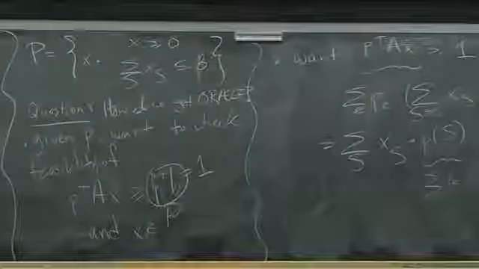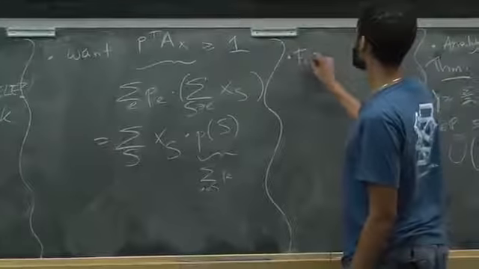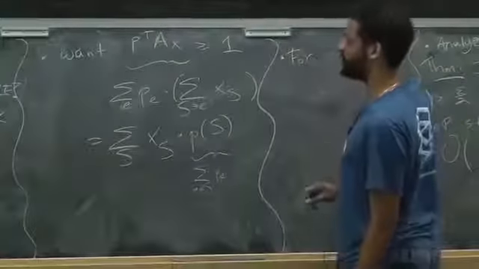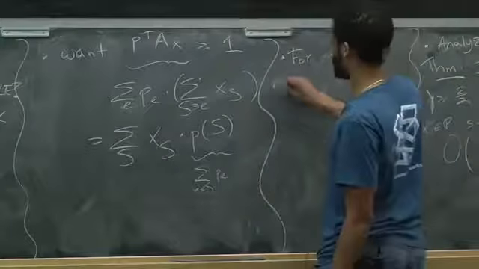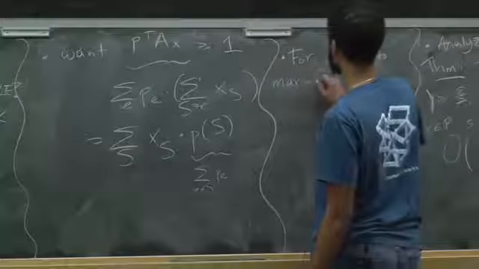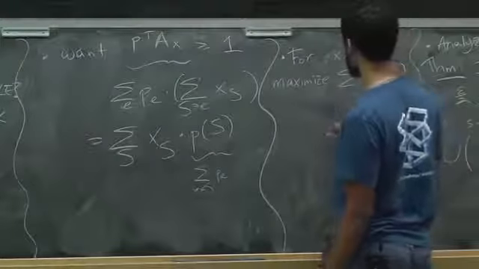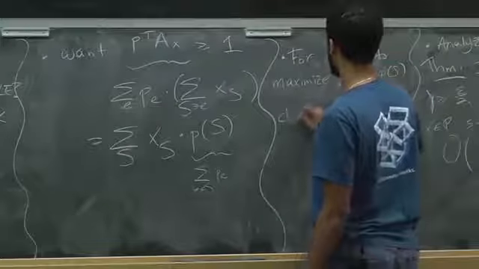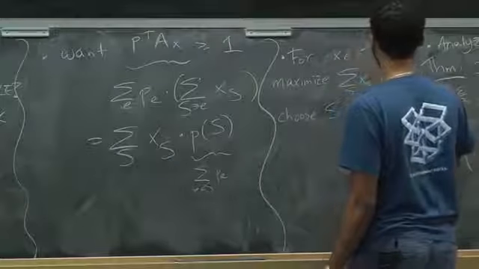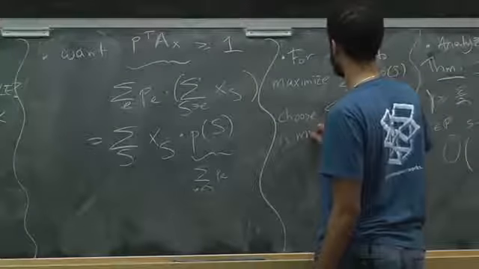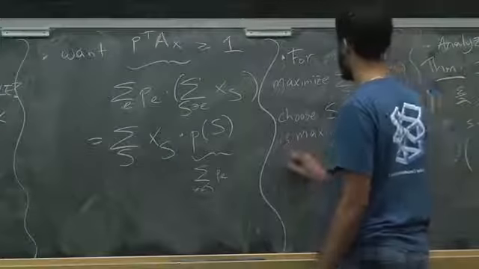Okay, so if you want to maximize, for x and p, the sum of x_S p of S, choose S such that p of S is maximum, and set x_S to be what?